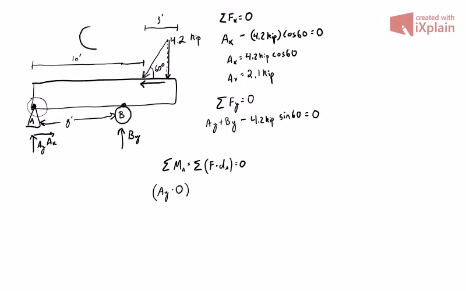We're again going to say that counterclockwise is going to be positive moments. So BY is going to give us counterclockwise motion, so that's going to be a positive moment. And then the Y component of our 4.2 kip force is going to give a clockwise rotation, which is going to be negative.